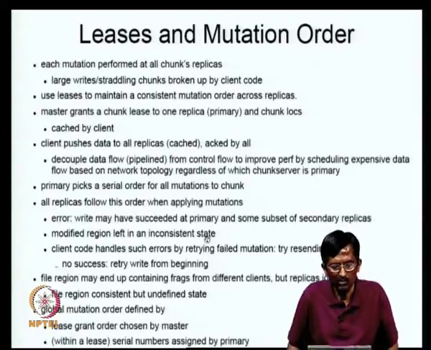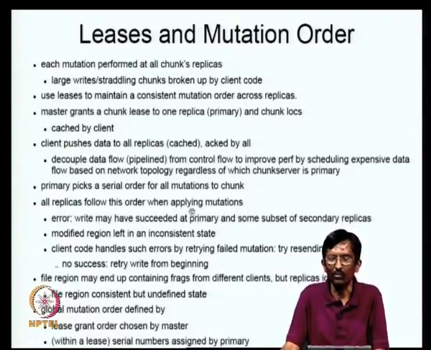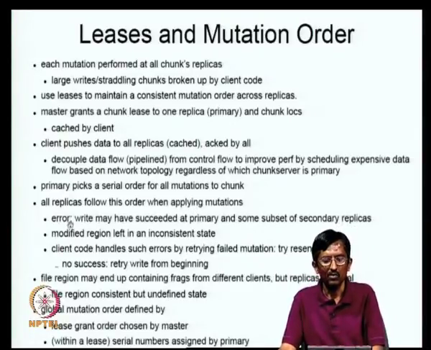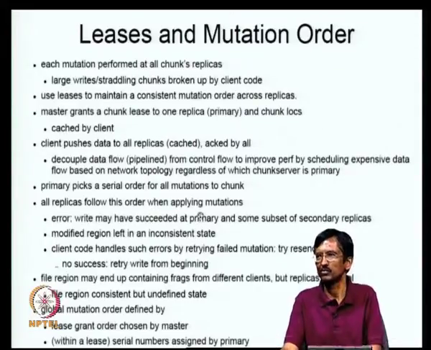So, all the replicas follow this order when applying mutations. But there can be errors. Basically, a write may have succeeded at the primary and some subset of secondary replicas. If it does not succeed at the primary itself, the whole thing is off. That is the obvious case.